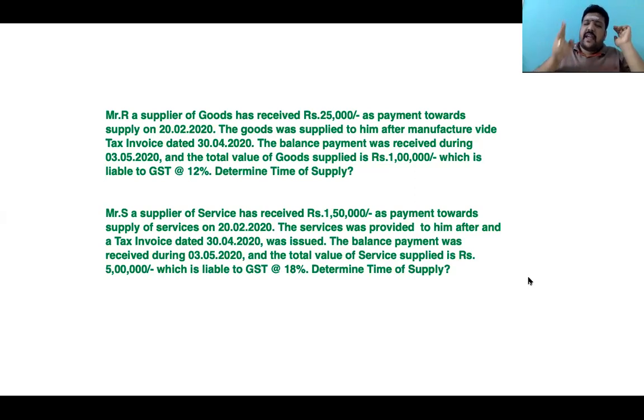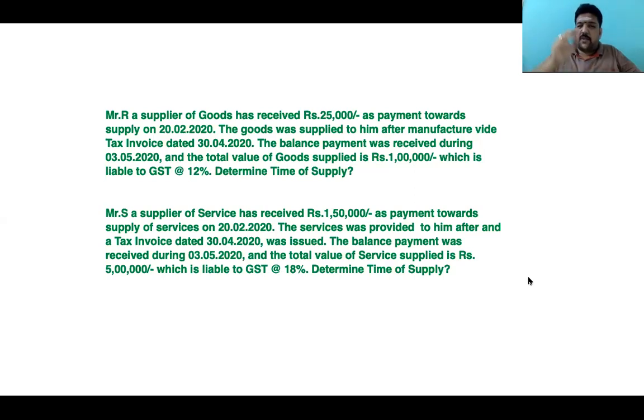As an advance of rupees 1,50,000 was paid to the supplier, on the balance rupees 3,50,000 tax is payable now on 3/4/2020. Afterwards, you can calculate 18% GST on that 3,50,000.